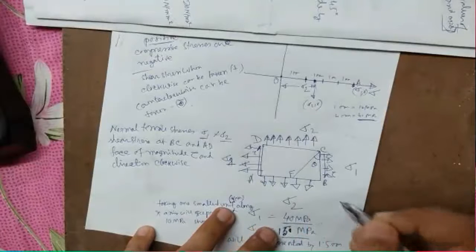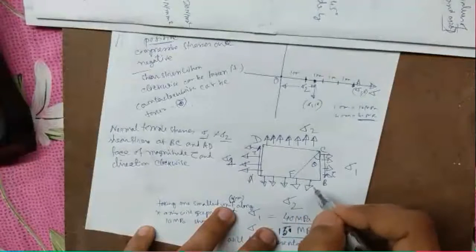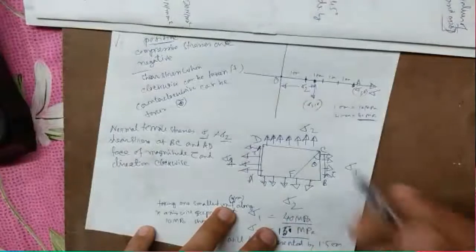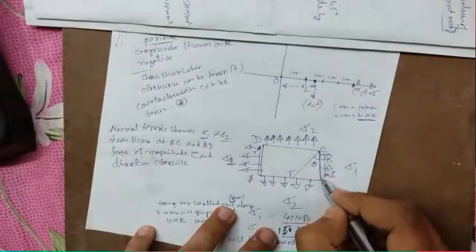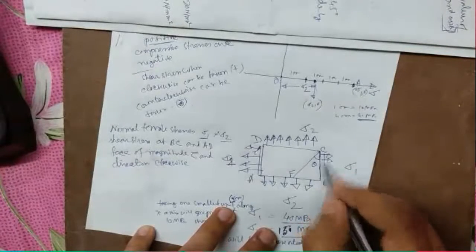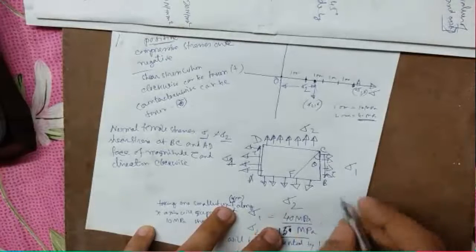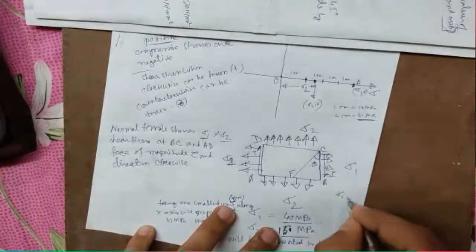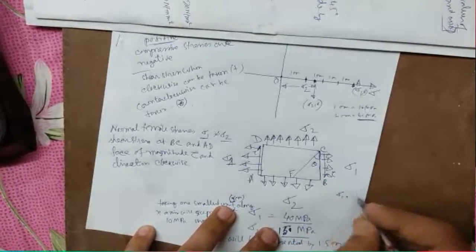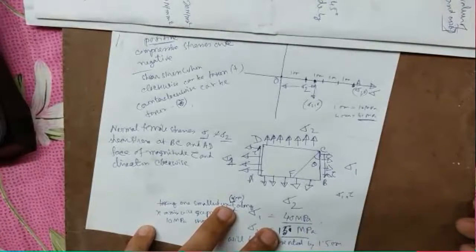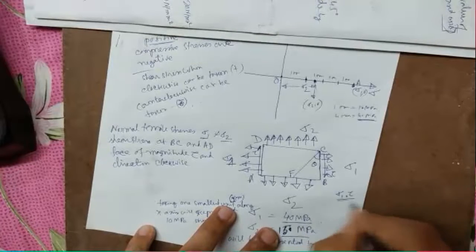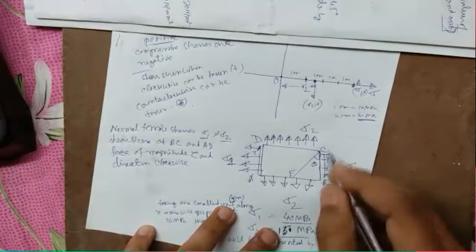To get the diameter, we need two different known planes. One known plane is this BC plane, having the stress sigma 1 and carrying this shear stress tau. This will be the coordinate of this BC plane.